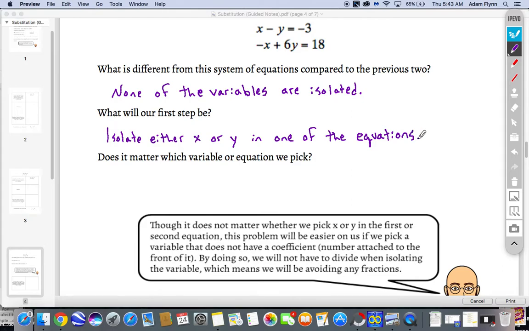Okay, and it just needs to be one variable. It's not like we have to take y in the top equation and isolate it and y in the bottom. We're not doing that. Just picking one of the variables and isolating. So it doesn't matter which variable or equation we pick. It does not.